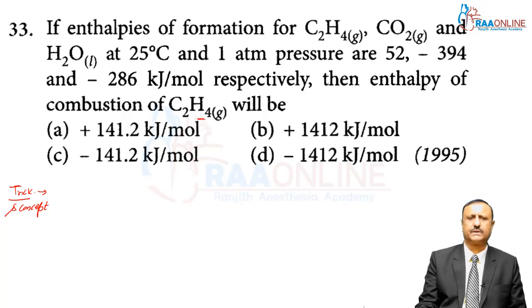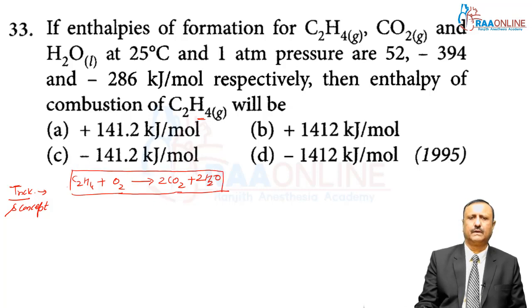Here your target reaction is C2H4 heated with oxygen, all carbon is converted to carbon dioxide and all hydrogen is converted to water. This is your target reaction. Here 3 O2 with 1 mole of C2H4 gas.